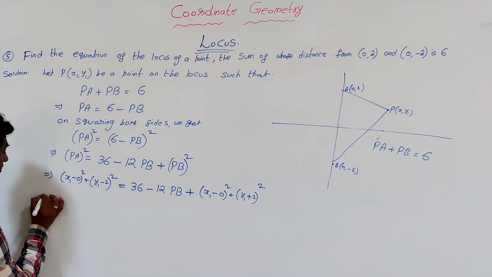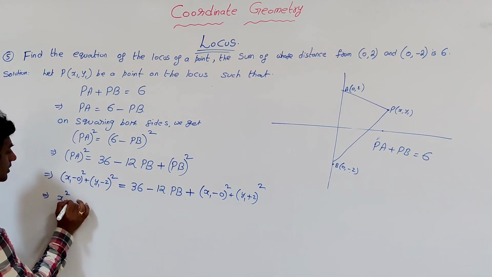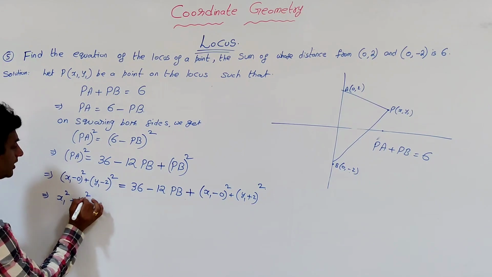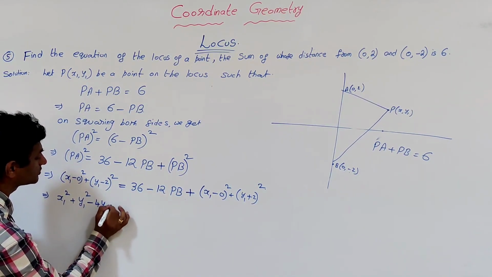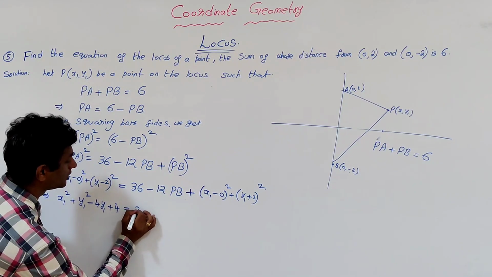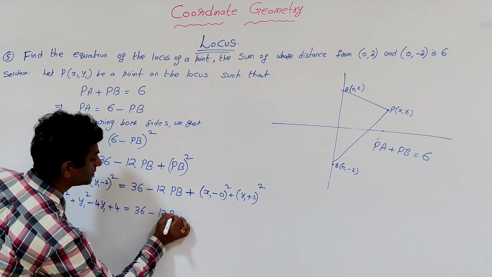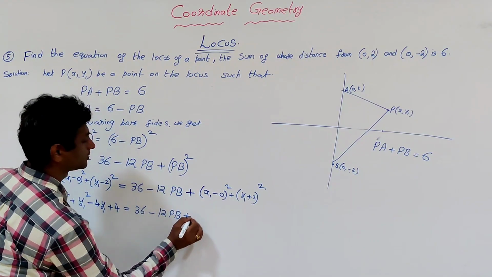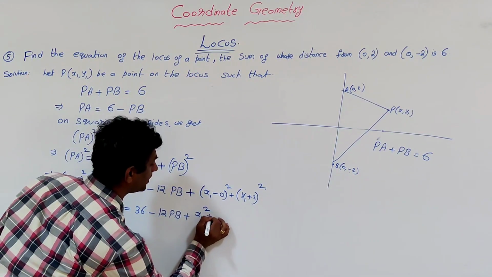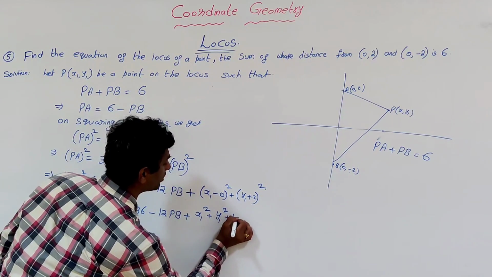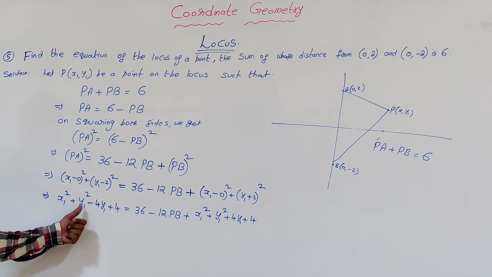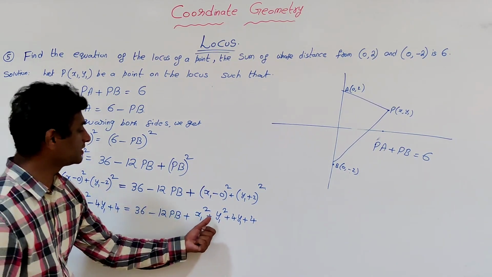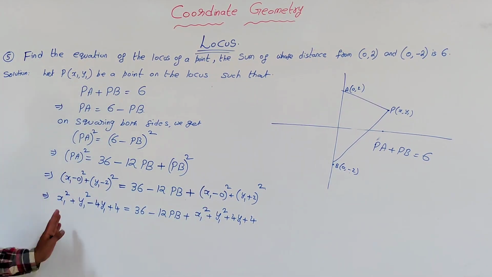On expanding, it will be x1 square plus y1 square minus 4y1 plus 4 is equal to 36 minus 12 PB plus x1 square plus y1 square plus 4y1 plus 4. So x1 square plus y1 square on the left hand side and on the right hand side are equal, so we can have cancellation.